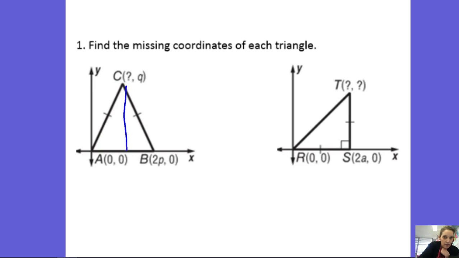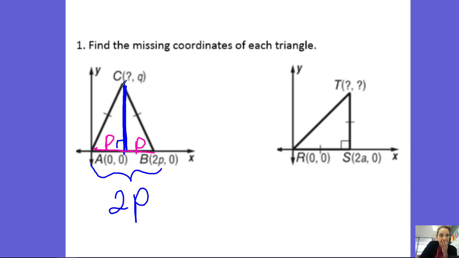So remember, if this is an altitude, this point is going to be exactly halfway between those endpoints. If A is the origin, 0, 0, and B is 2p, comma 0, that means the length of this whole side is 2p, so this half is p, and this half is p.